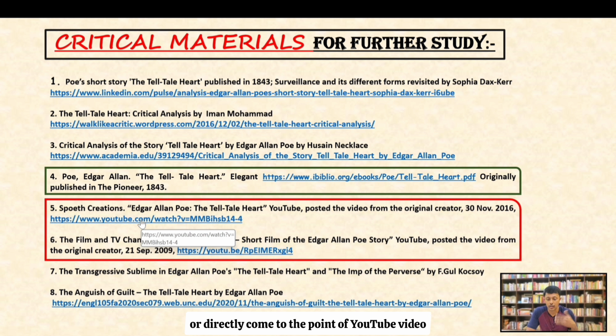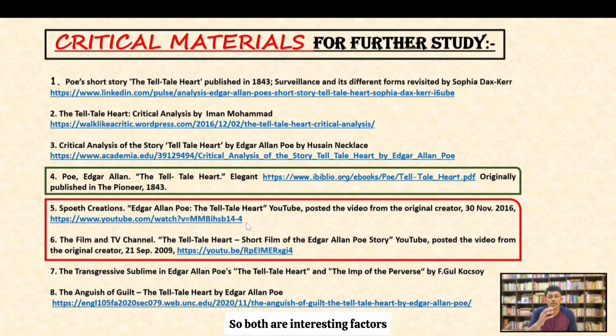And this is another Tell-Tale Heart, so both are interesting. One is very nicely projected on the screen. Both are brilliant, both are extraordinary. So these are the sources, these are the critical materials. If you want more, you can go through this. You can really have interesting ideas about this very complex but critical short story.